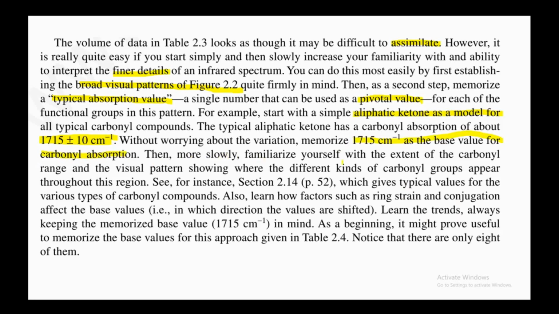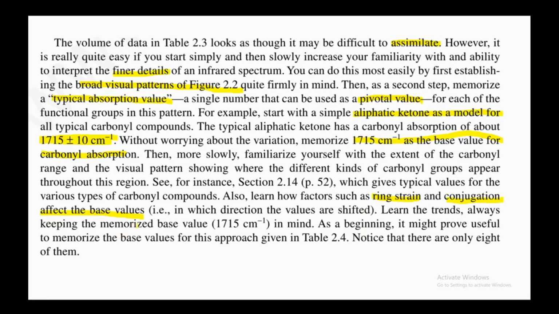Then more slowly familiarize yourself with the extent of the carbonyl range and the visual pattern showing where the different kinds of carbonyl group appear throughout this region. See for instance Section 2.14, page 52, which gives typical values for the various types of carbonyl group. Also learn how factors such as ring strain and conjugation affect the base values, and in which direction the values are shifted. Learn the trends.